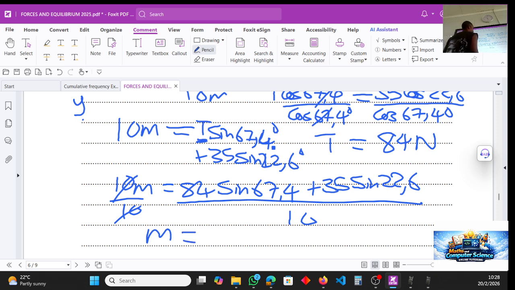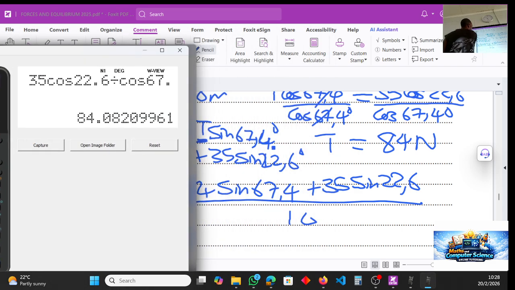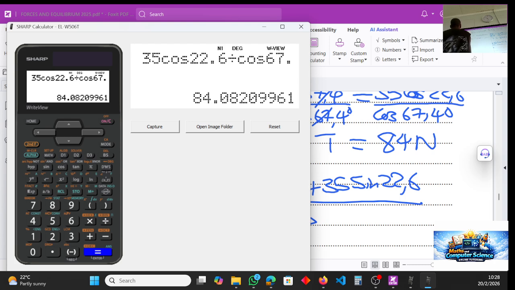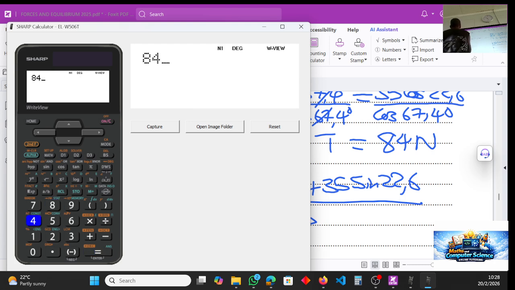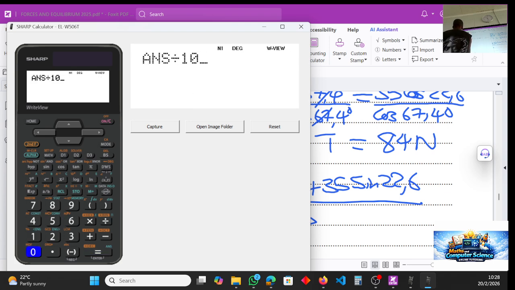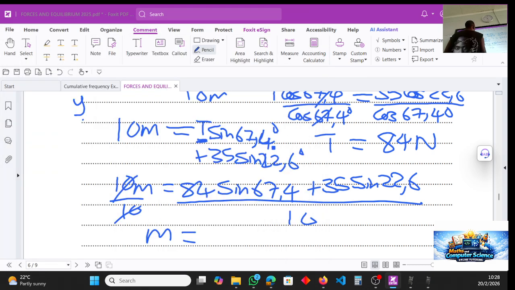Therefore, my m will be equal to 84 sin 67.4 plus 35 sin 22.6, all divided by 10, which gives me 9.099. To one decimal place, that's 9.1 kilograms.